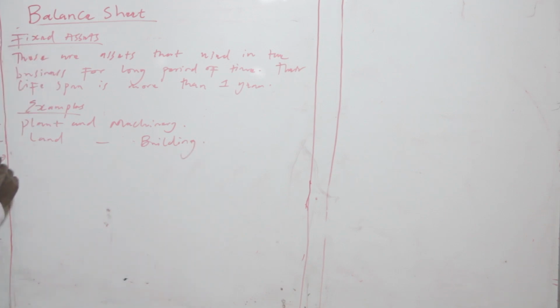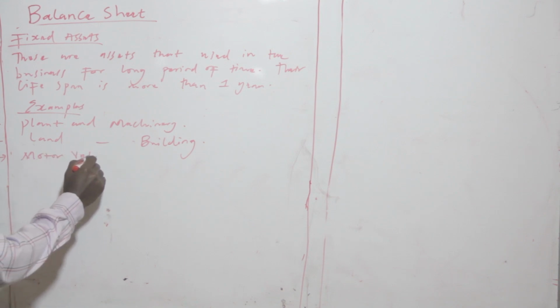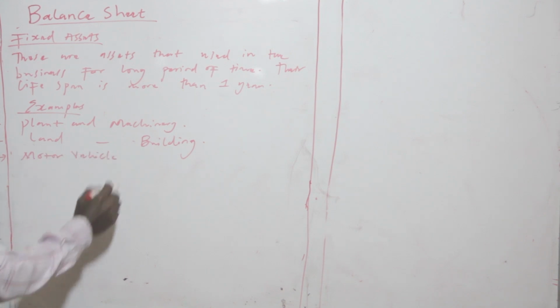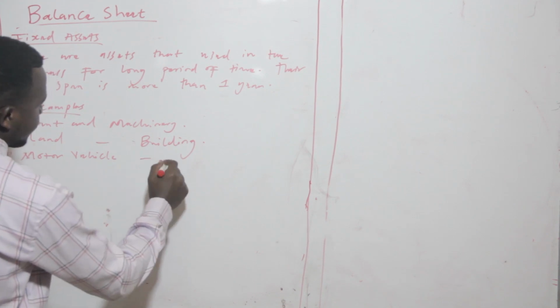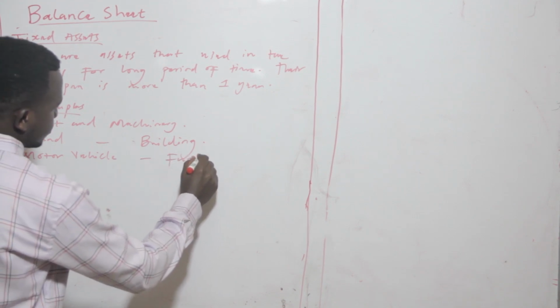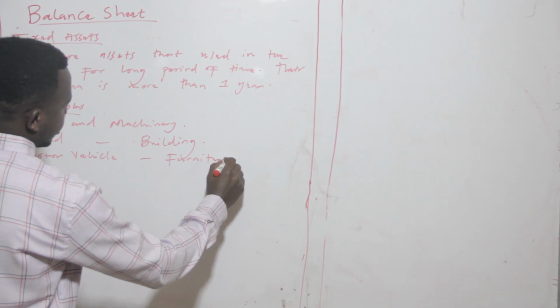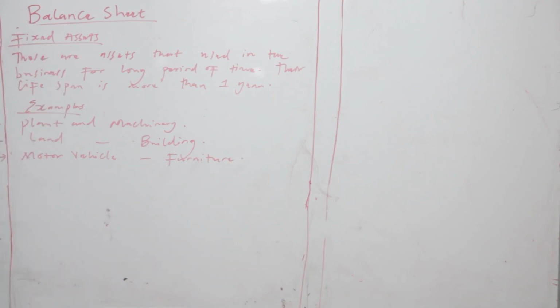Then we also have motor vehicle. Then we can also have furniture. So I've said plant and machinery, land, building, motor vehicle, furniture.